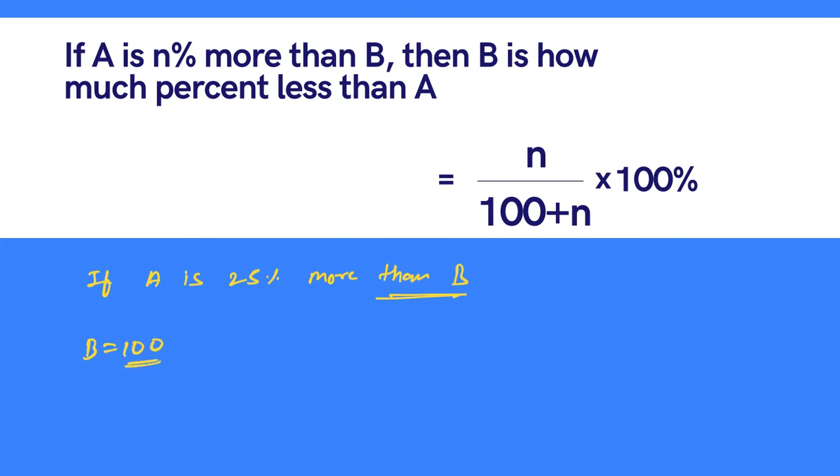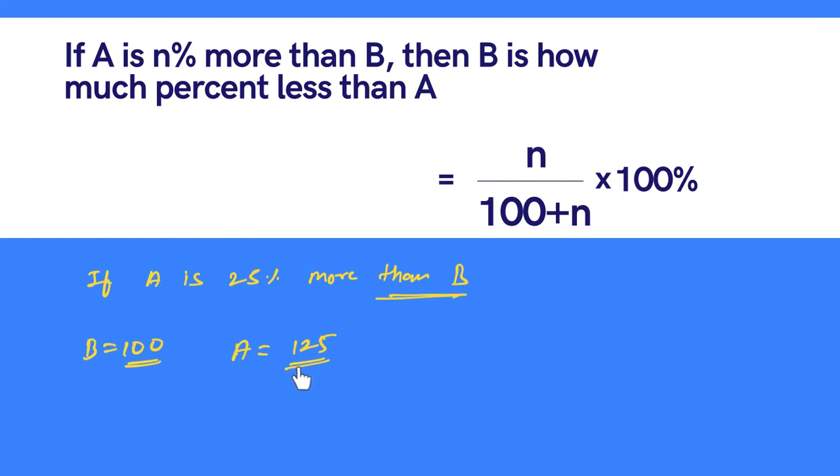A is 25 percentage more than B. So 25 percentage of 100 is 25. So A is 100 plus 25, which is 125. Why? Because A is 25 percentage more than B and B is 100.